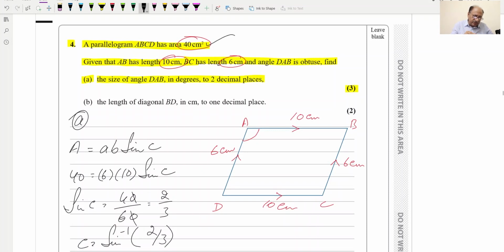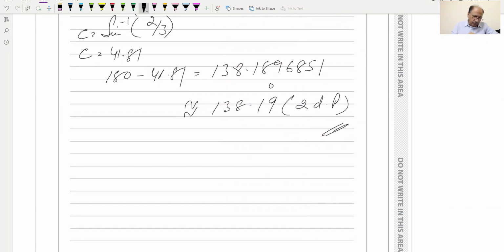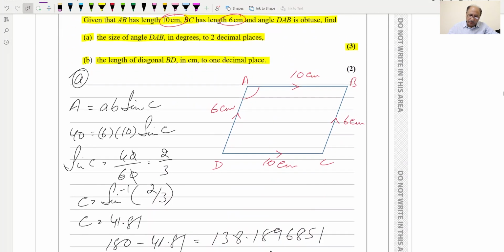Now B part. They are saying, for the B part, the length of the diagonal BD in centimeters to one decimal place. For B part we can apply the cosine rule, so DB squared will be equal to, when we apply the cosine rule on this diagram, if we draw this, this will be the diagonal, and this will be DB, the diagonal which we are supposed to find.